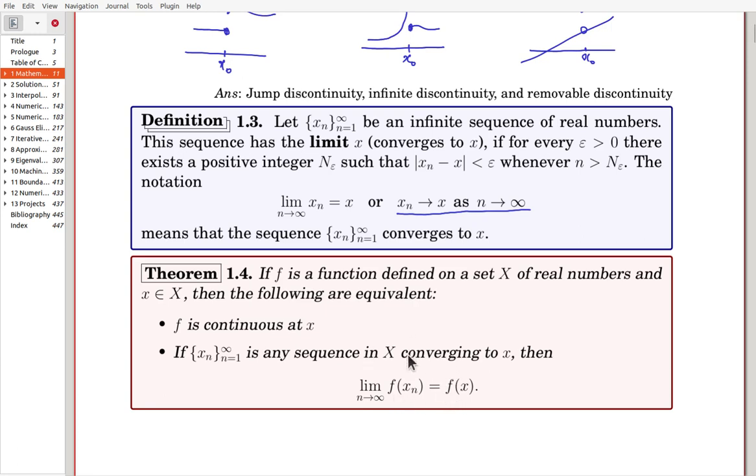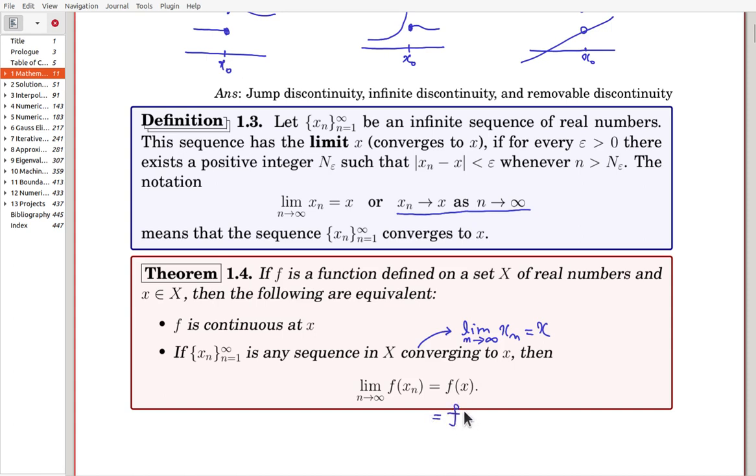A convergent sequence means that limit as n approaches infinity of xn equals x. For such a sequence, it satisfies this equation.